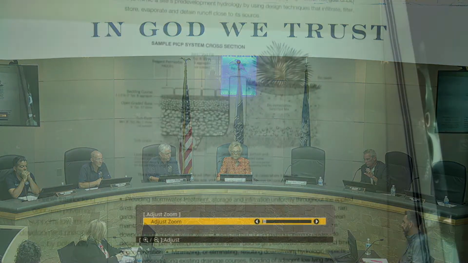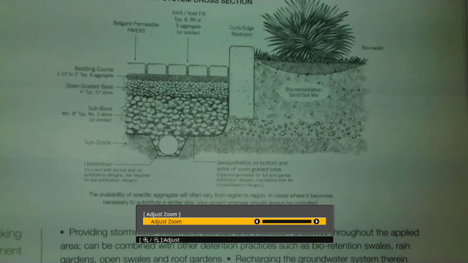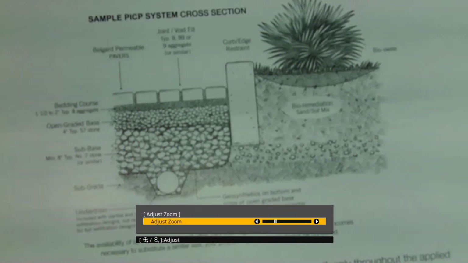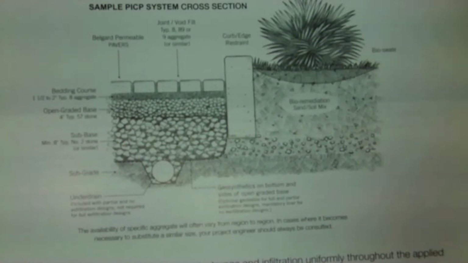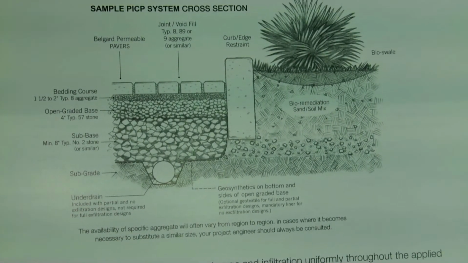That model or picture you just showed prior to this one that showed the base courses, I was trying to read that. That's like 57 stone, and then it's got like a crushed aggregate on top. Right, like crush and run, which is typically what is used with pavers anyway, that last course. Typically, that's usually all they use, without even the 57 stone, right?